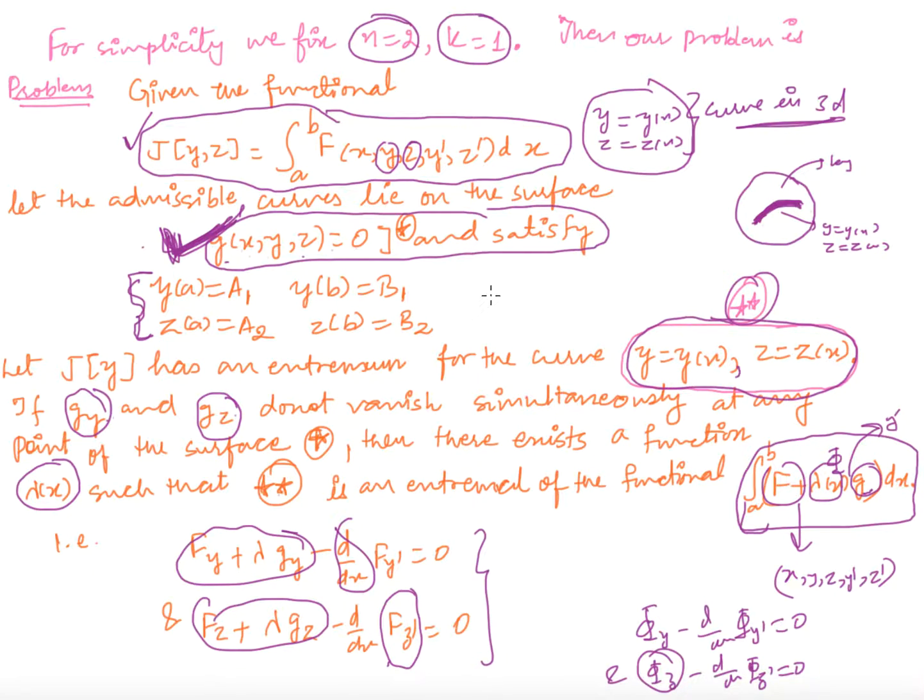So in the last video, we had this f, and we wanted to find the extremal of this functional, and the constraint was that integral g should be L, right? This was in the last video.